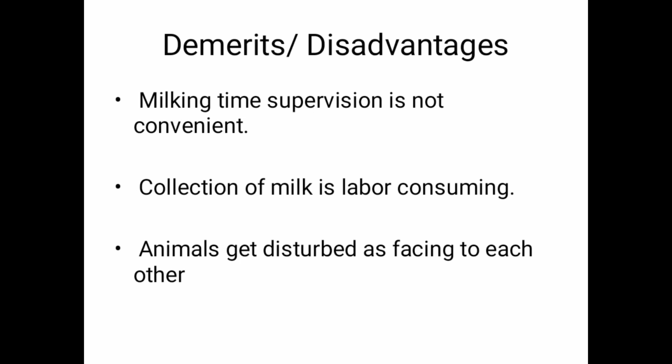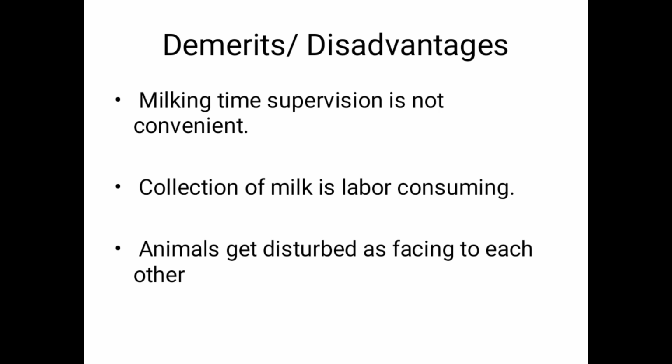Now the demerits or disadvantages. The first disadvantage is milking time supervision is not convenient. At the time of milking in the head to head system, the milking man has to take milk from the backside of the animal.